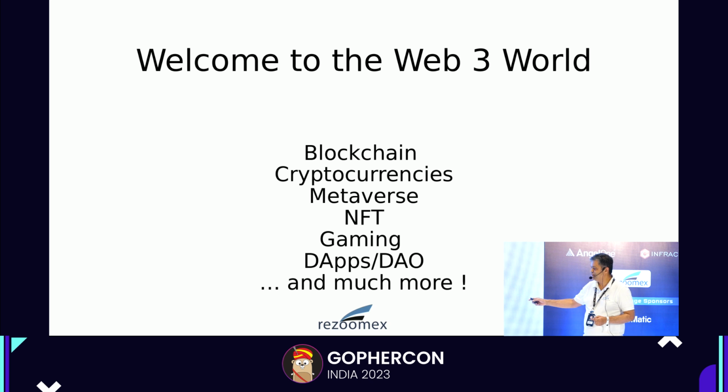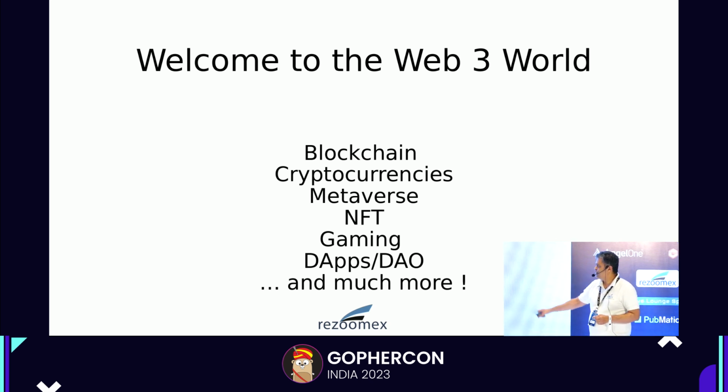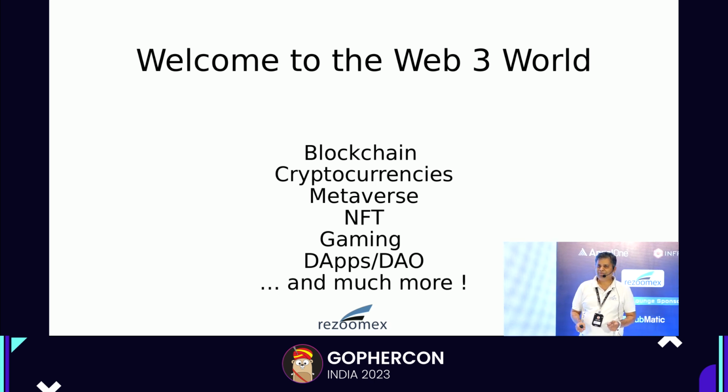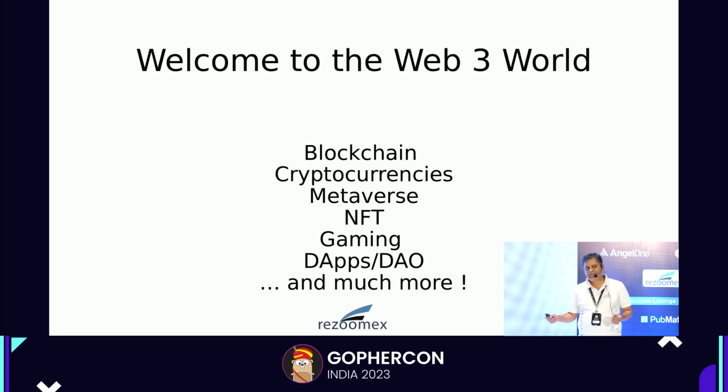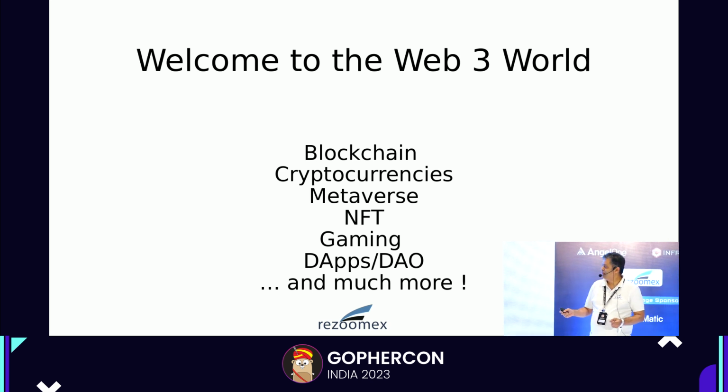So where Golang fits in, right? In blockchains, the most popular ones are Ethereum and Hyperledger Fabric. Mainly in the public blockchain space it is Ethereum. In the permissioned blockchain space it is Fabric. And Fabric is very popular. I would say maybe it is even more popular than Ethereum for the reason that it is actually used by enterprises.